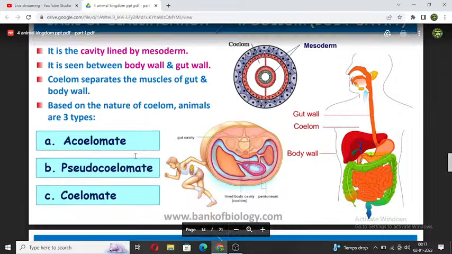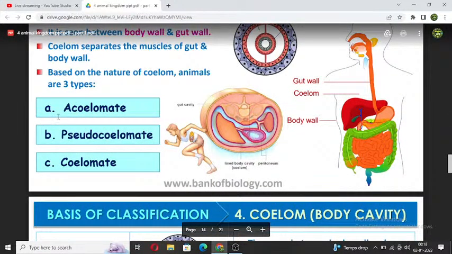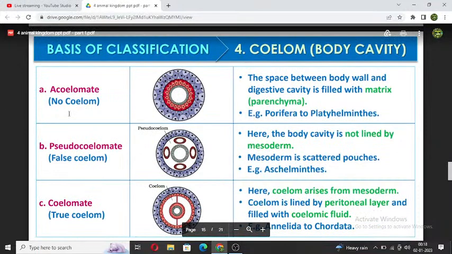Based on the nature of this coelom, animals are again classified as acoelomate, coelomate, or pseudocoelomate. Let us learn in detail how the organisms are differentiated. You can see here acoelomate, where there is no coelom at all.